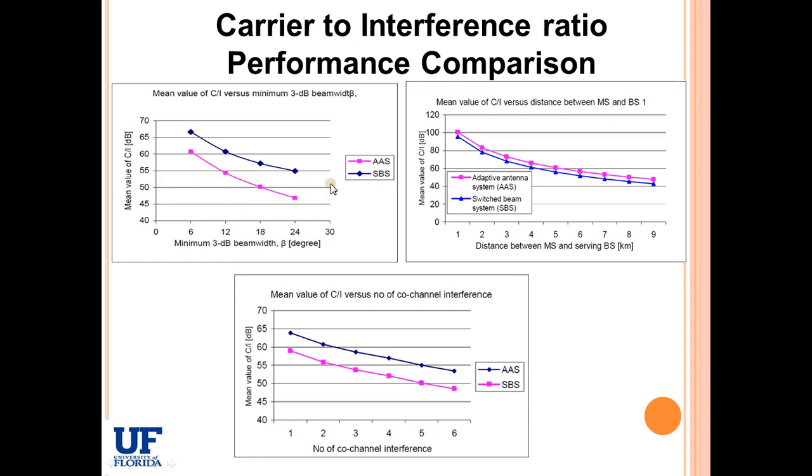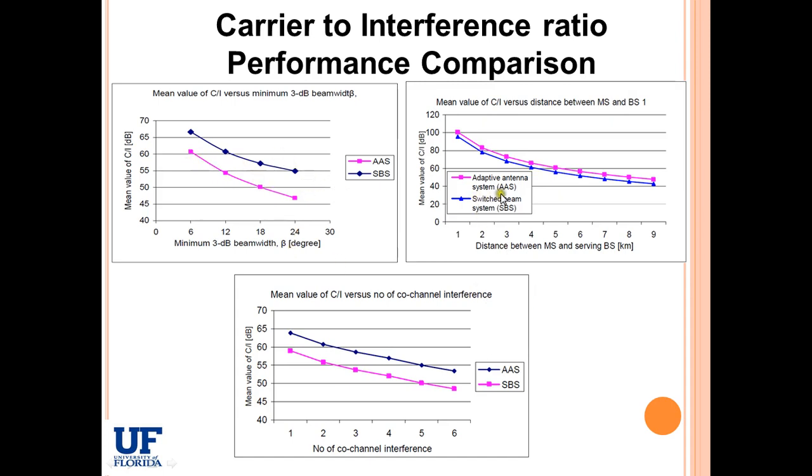This is because in the adaptive array technique, you have a high carrier to interference ratio with small beam width, but a low carrier to interference ratio with high beam width. Hence, the mean value of the carrier to interference ratio is lower than the switched beam technique.